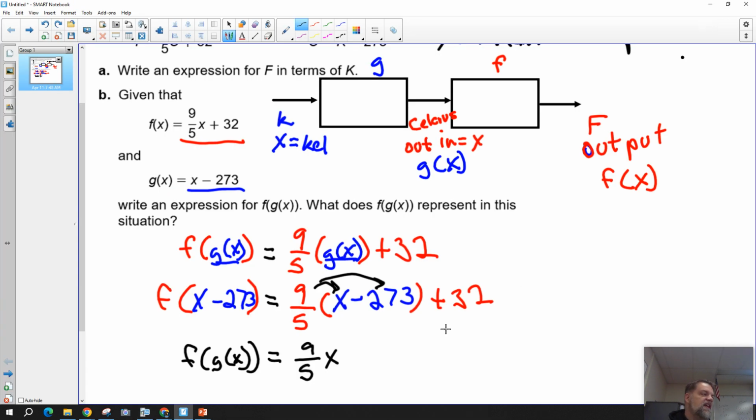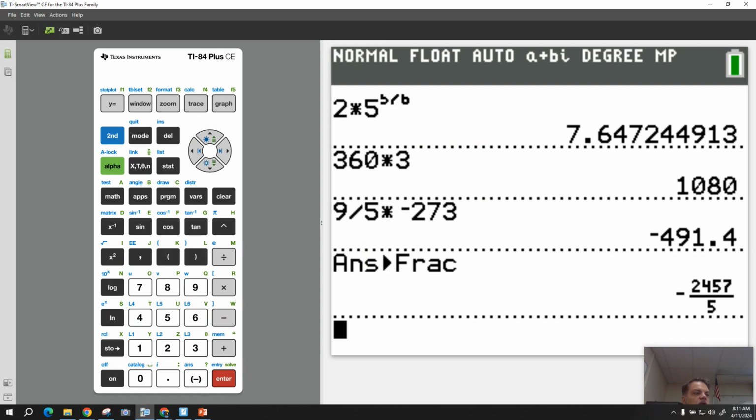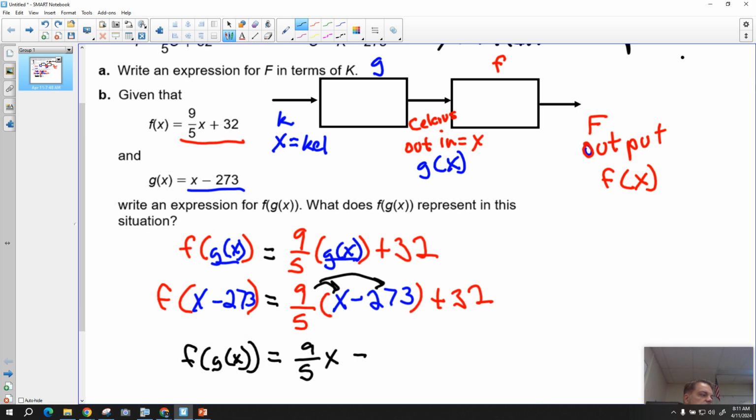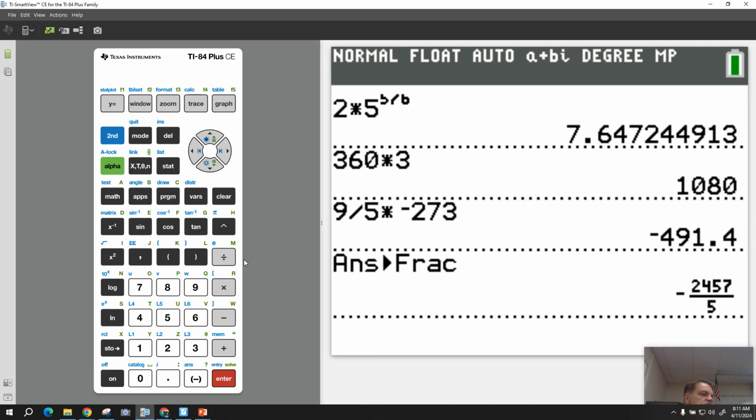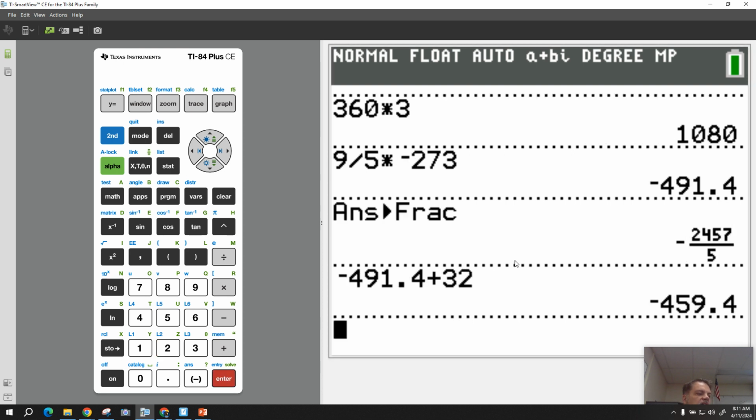So that became minus 491.4, but then we have to add 32 to it. So if I go back to my calculator, remember I can copy and paste my answer by just highlighting it and then hit enter and then add 32 to it, and I get minus 459.4.